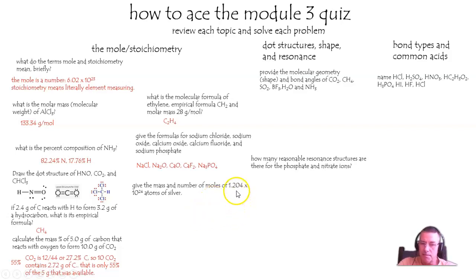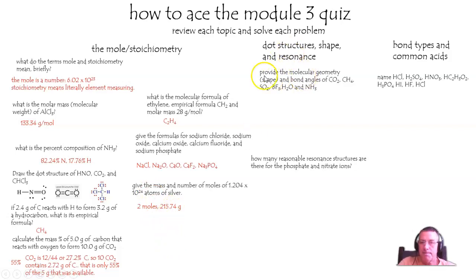So I would take 1.204 times 10 to the 24th and divide it by 6.02 times 10 to the 23rd. You'll get a nice round answer, which is 2. You have 2 moles worth. You might just recognize that 6 times 10 to the 23rd doubled is 1.2 times 10 to the 24th. You got 2 moles, so double the average atomic mass. And the answer is 2 moles, or 215.74 grams of silver. That's a lot of silver.